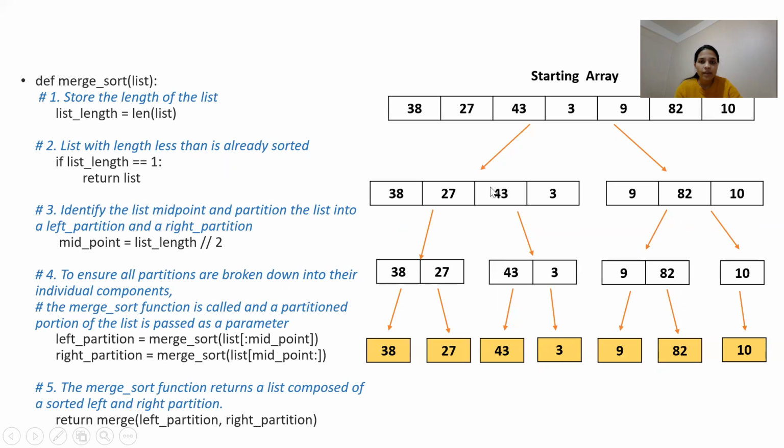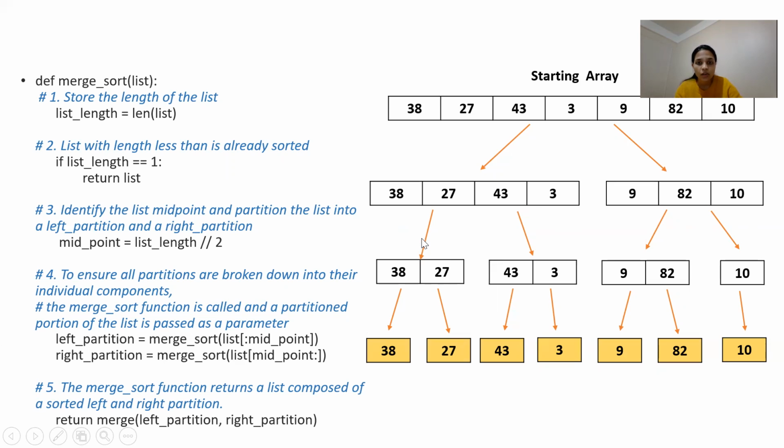So I will end up having the left partition and the right partition. My left partition, I'm calling the merge sort function till I get a single element. That is from the start to the mid element will be my left partition, and my right partition will be from the mid element to the last element.